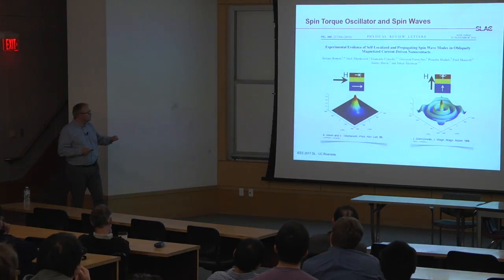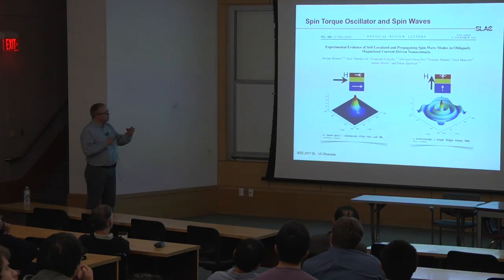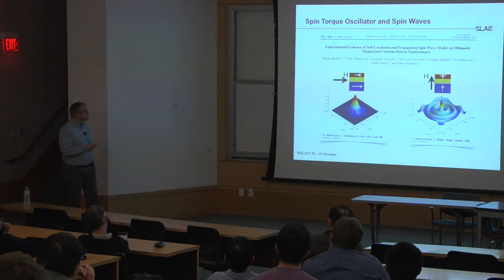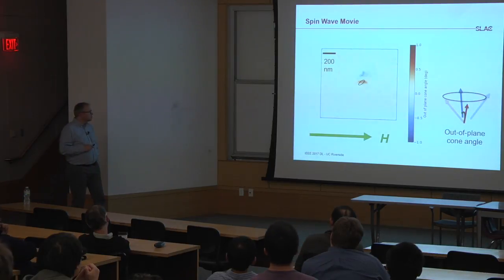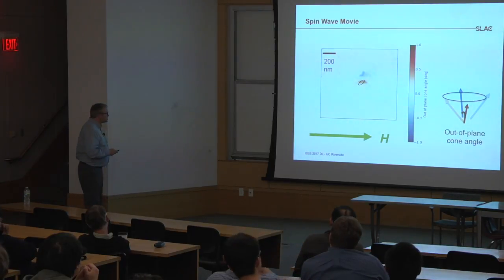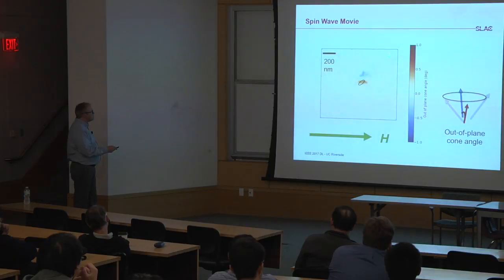They only look at the very fundamental interactions in these systems, but not the real geometry and the real structure. So we looked at such a system, and here is a 1x1 micrometer area in our sample.